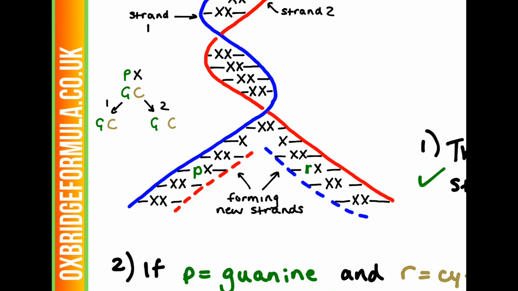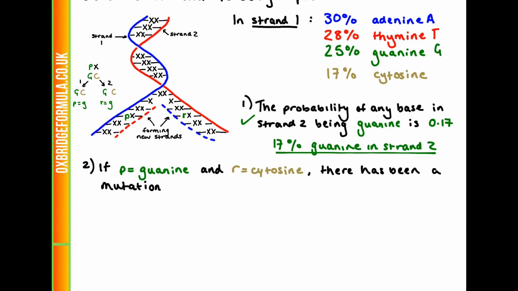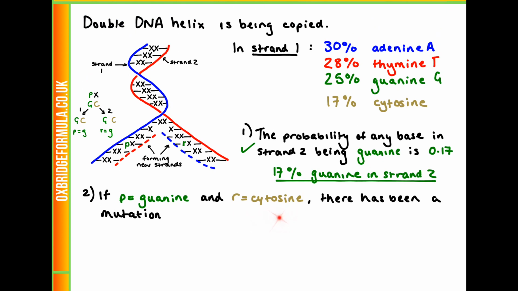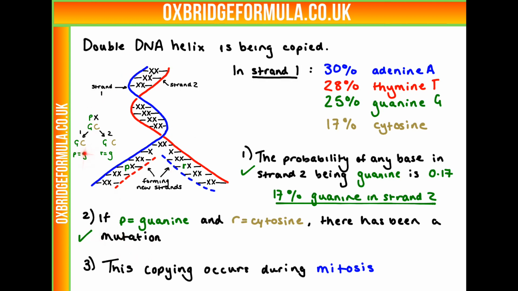So we'd need both P and R equals G. However, our statement says that R equals cytosine, and that's different to the G we worked out there. So that must mean there's been a change. There must have been a mutation. So this is correct.